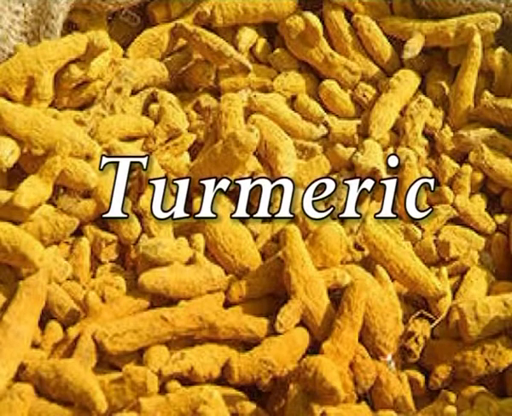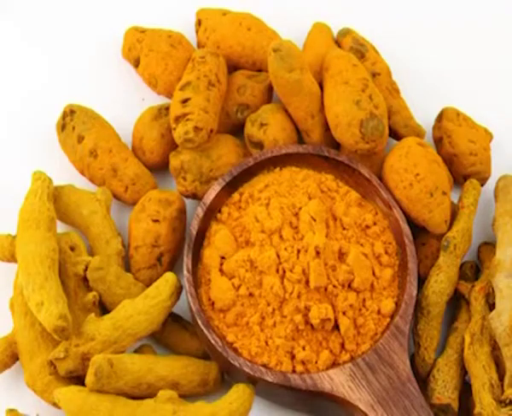Next spice is turmeric. Turmeric or haldi is a native of tropical Asia. Turmeric, that is Curcuma domestica, is a perennial herb of the ginger family and so is a rhizome. There are about 70 species of turmeric, of which 30 species occur in India. Of these, several are wild species.